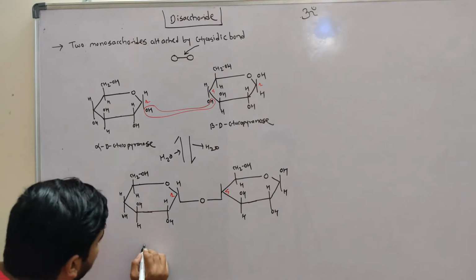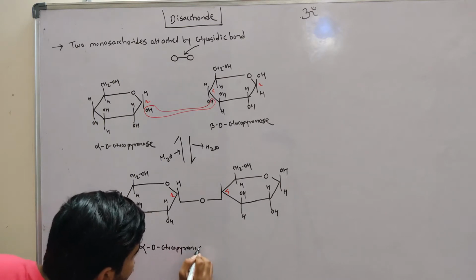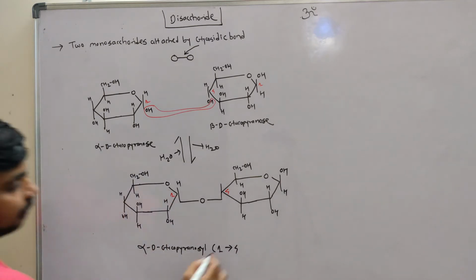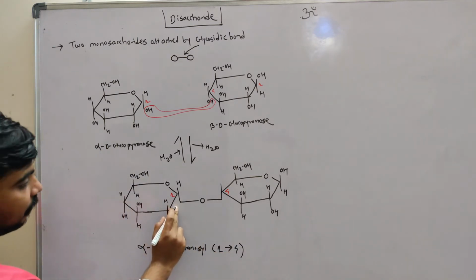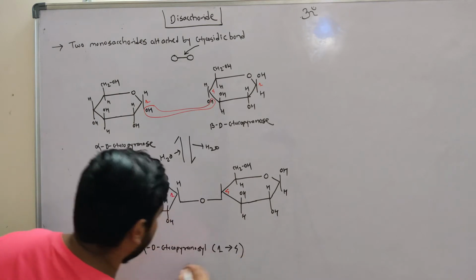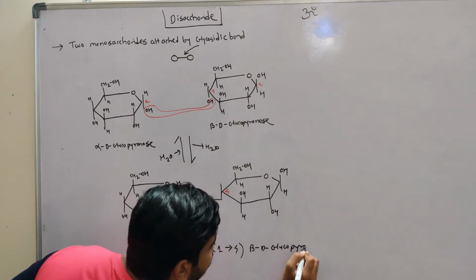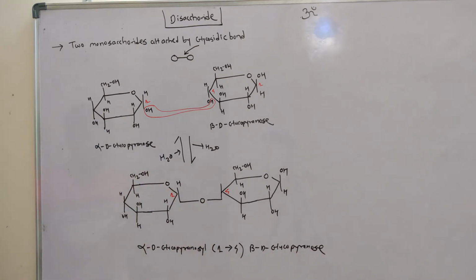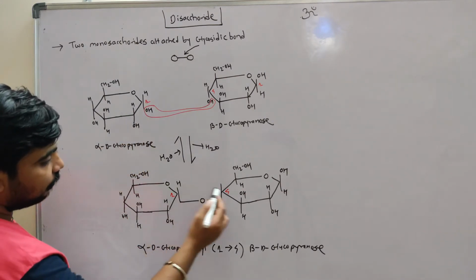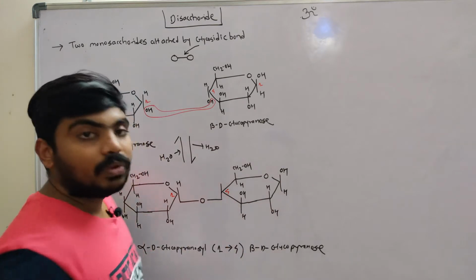What will be the name of this compound? It is named alpha D glucopyranosyl 1,4, between the first carbon of alpha D glucose and the fourth carbon of beta D glucopyranose.